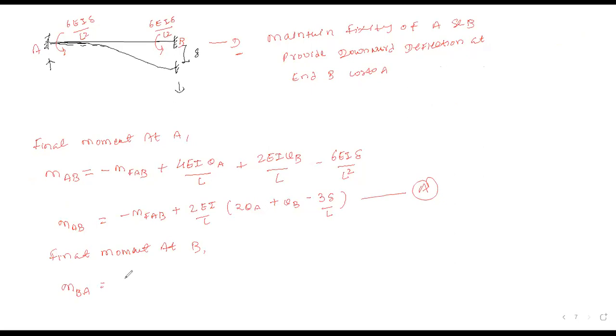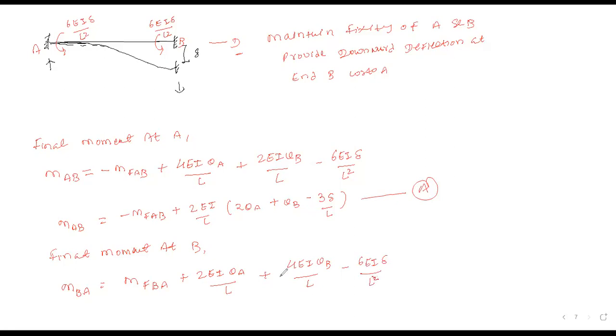Let me write one by one. MFBA plus 2EI theta A divided by L plus 4EI theta B divided by L minus 6EI delta by L square. Is it clear or not?